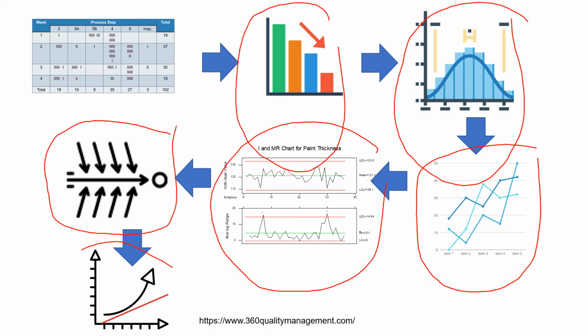And you can also use the scatter plot to further confirm the relationship of the process output Y, if it is caused by a certain process input X, if there is variable data collected for the X data.